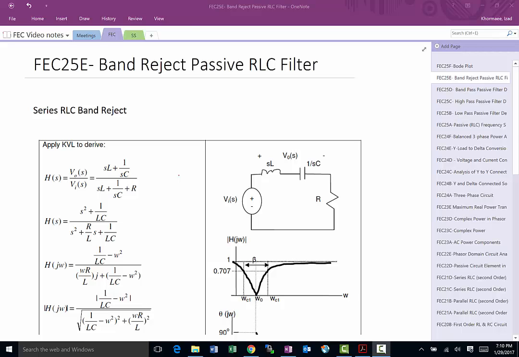Our output would be across the L and the C, and if you do that, our output will pass frequencies below omega C1 and above omega C2, but it would block frequencies between omega C1 and omega C2.